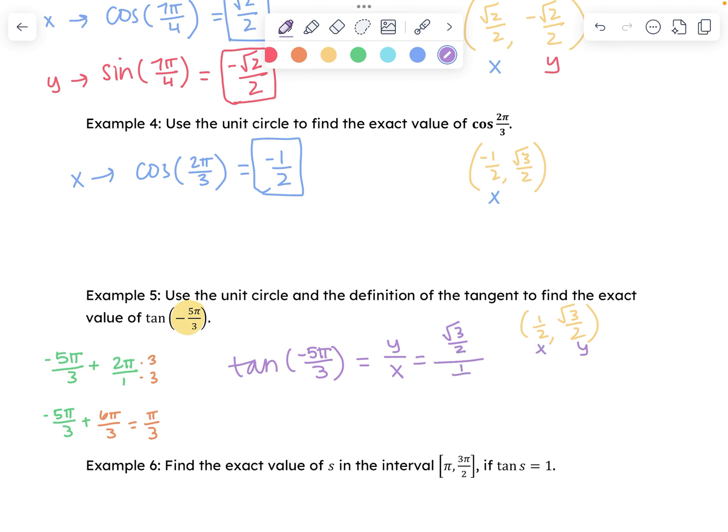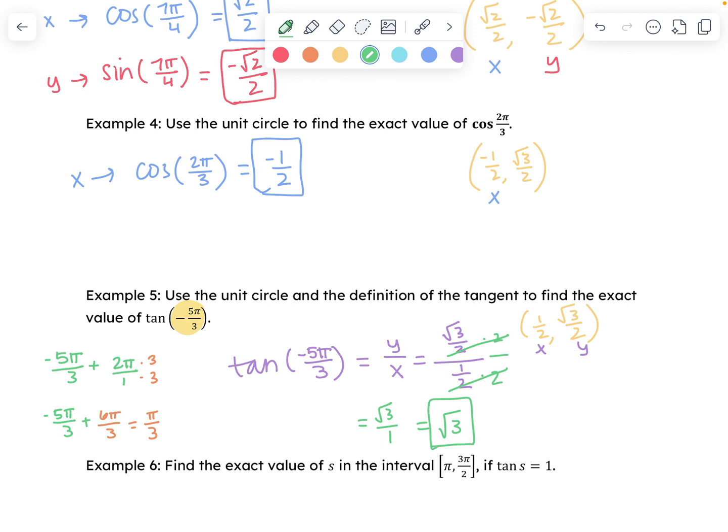The x is the 1/2. Remember, we can't leave it as a fraction over a fraction though. So what I'm going to do is multiply the top and bottom by 2 so that it'll cancel out those denominators. And remember, multiplying by 2 over 2 is just a fancy way of multiplying by 1. So when I do that, I get the square root of 3 over 1, or just the square root of 3.